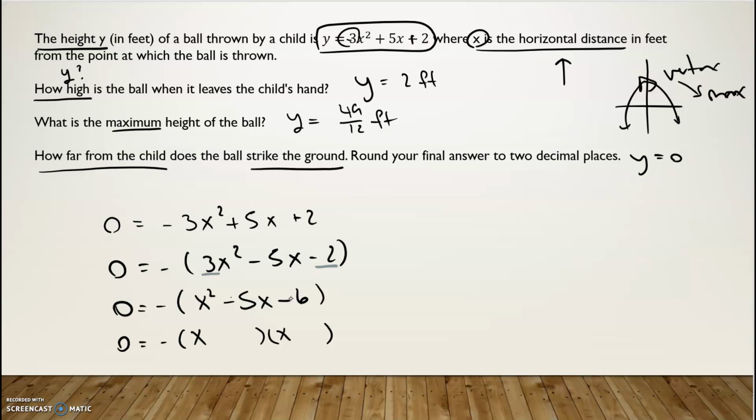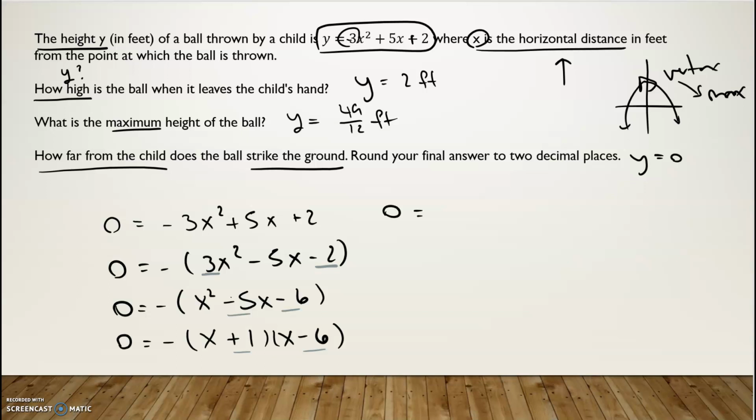So x here, looks like I can break this up into 3 and 2. Okay, that won't work because we need one negative and one positive to make this a negative 6. So those won't work. So let's try 6 and 1. Okay, so 1 times negative 6 gives us negative 6, and then negative 6 plus 1 gives us negative 5, so that works.